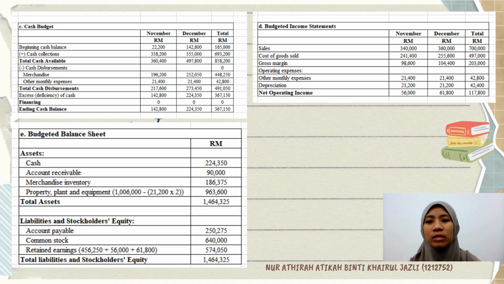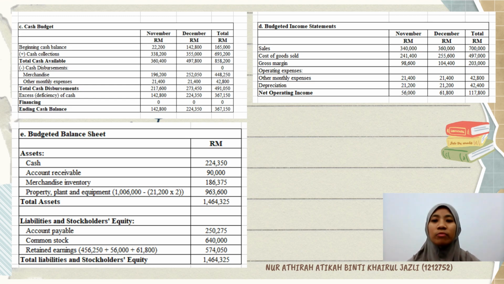And then we will get total cash investment, and we will get excess of cash for November 142,800, and for December 224,350. And then we will get ending cash balance, which is for November 142,800, and for December 224,350.